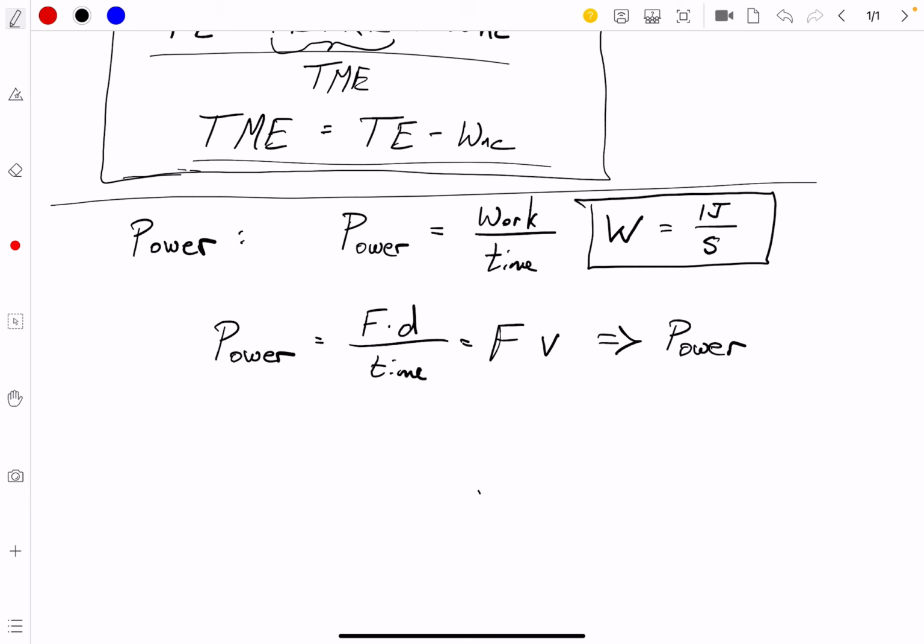There's a third way. Your power is equal to your work, but work is delta KE, divided by time. So you can put in your delta KE, and delta KE is typically 1/2 m V final squared minus V initial squared. And then we have time.